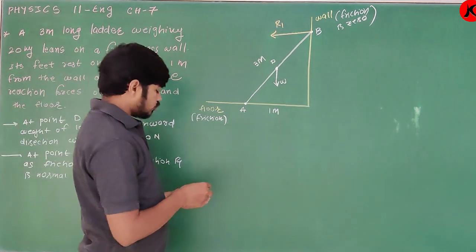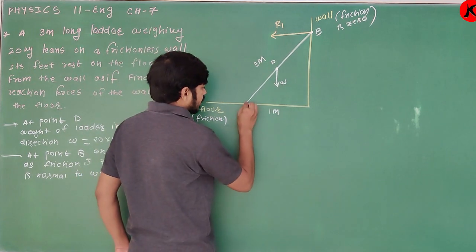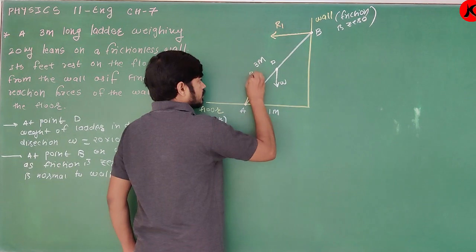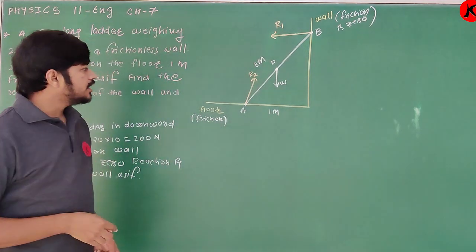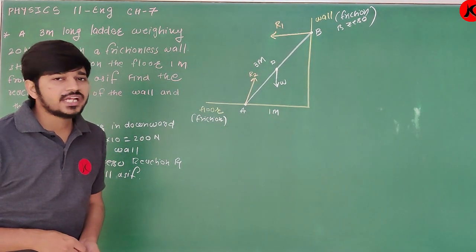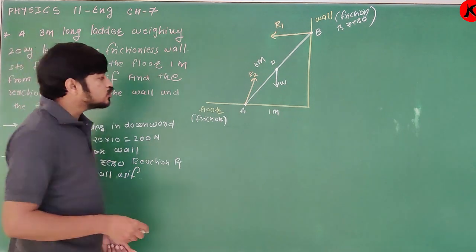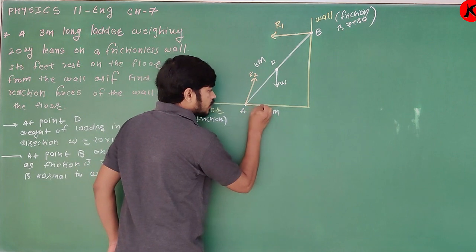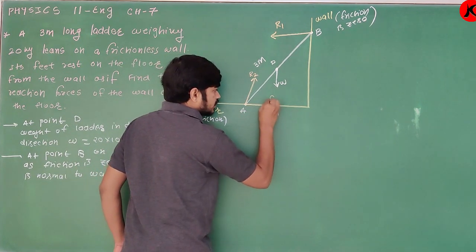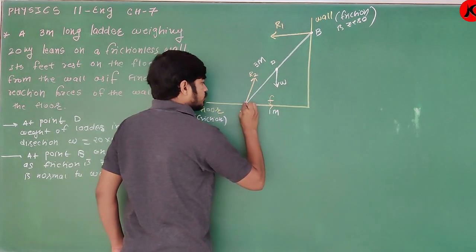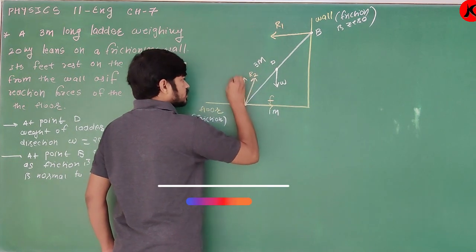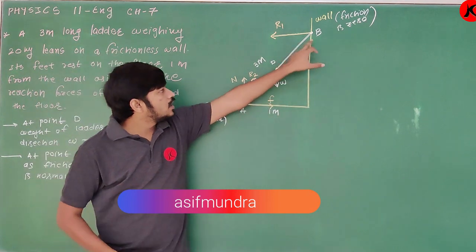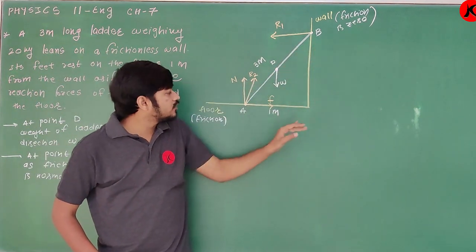So the reaction force is like this, R2, having two components: one parallel to the contact surface, that is friction, and one perpendicular to the contact surface, that is the normal reaction. Clear? Understand now?